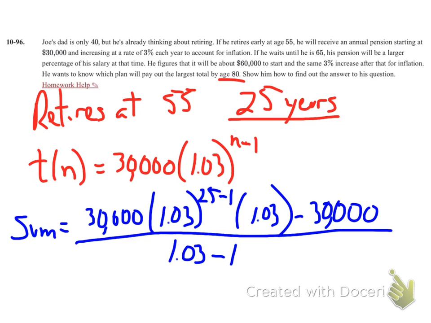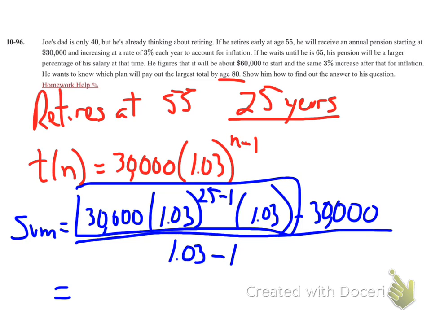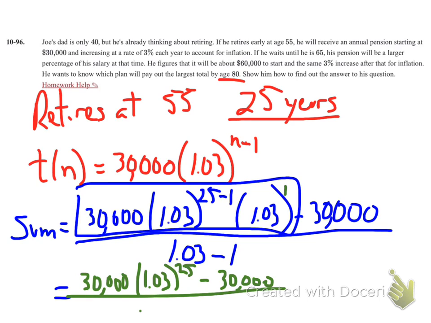So that's what is going to be here for the sum. I can simplify this part right here, since it's 1.03 to the first power. I can simplify that down to 30,000 times 1.03 to the 25th minus 30,000 over 0.03.